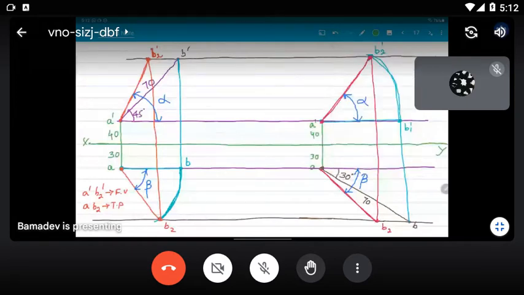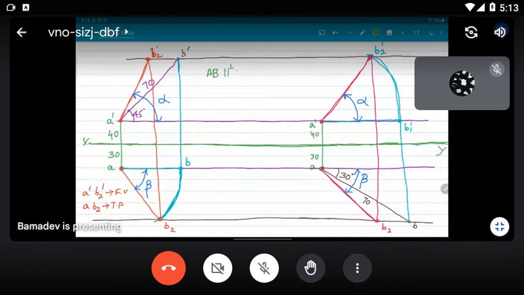First, you are drawing the reference line. Okay, so my philosophy was to divide the problem into two easier ones, right? So in the first part, I assumed that straight line AB is parallel to which plane?